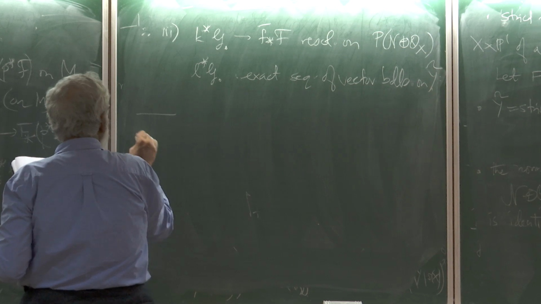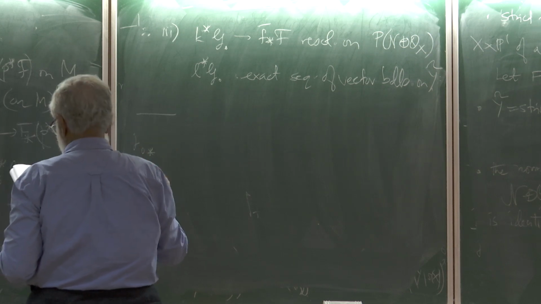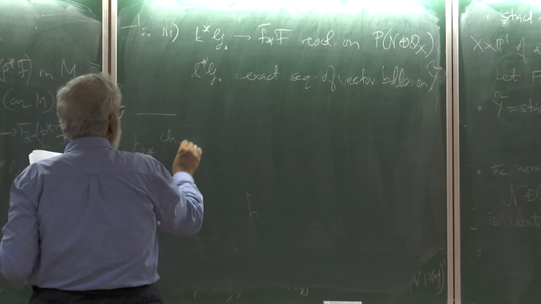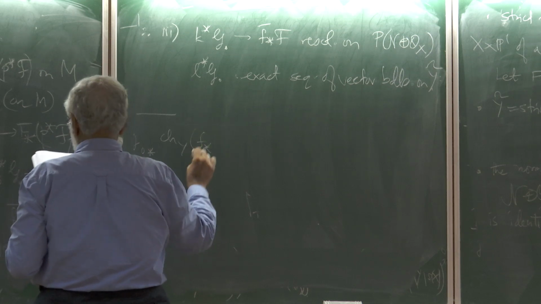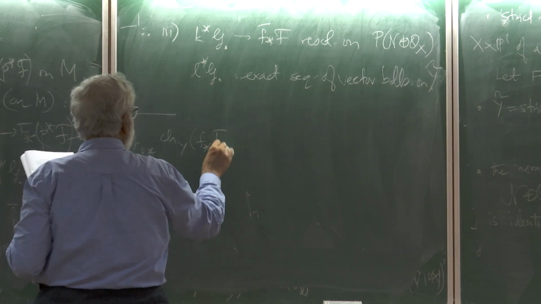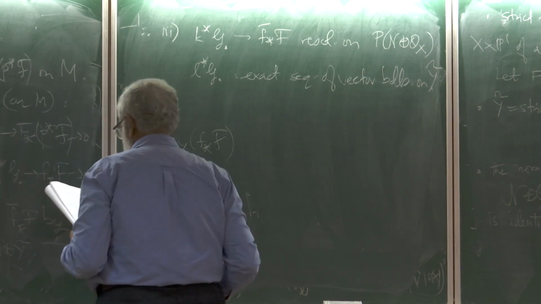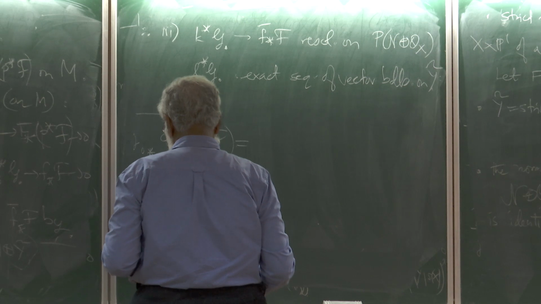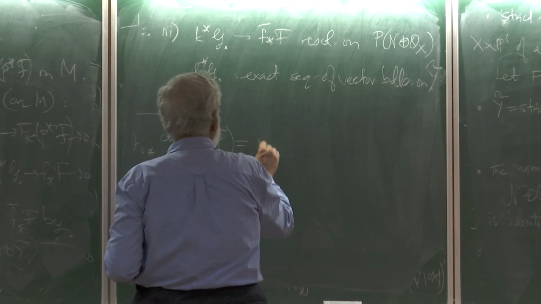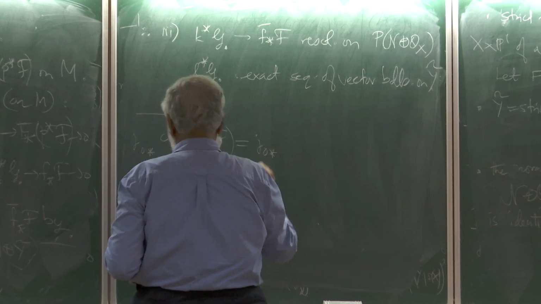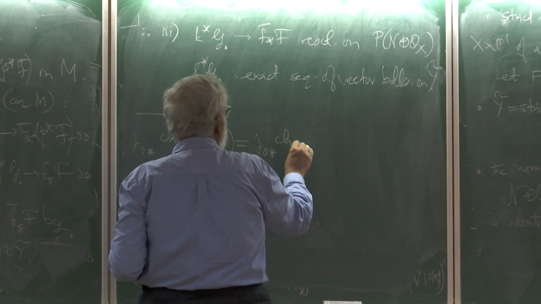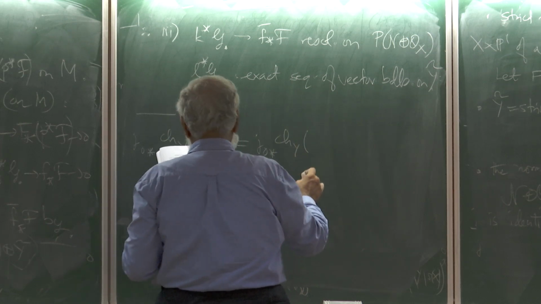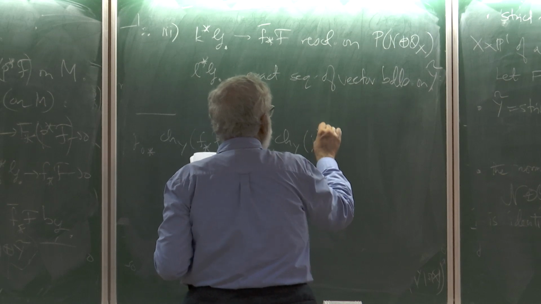I'm interested in J0 lower star of chern Y of F lower star F. This is J0 lower star chern Y of J0 upper star G dot.